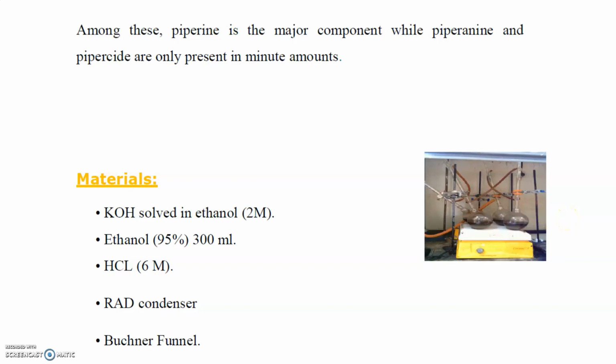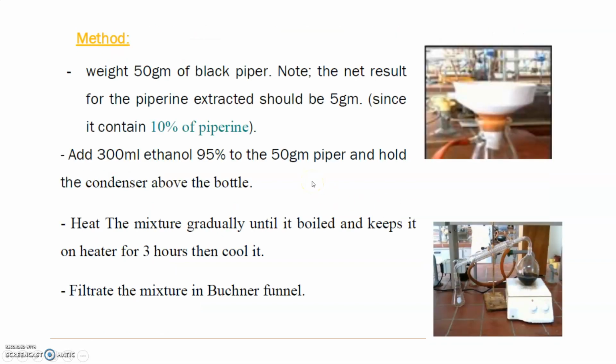For this experiment, you need potassium hydroxide dissolved in ethanol 2 M, ethanol 95% 300 milliliter, HCl 6 molar, a reflux condenser and a Buchner funnel. You can see the setup here, the heating mantle and the condenser. What method have you used? Weigh 50 gram of black pepper.